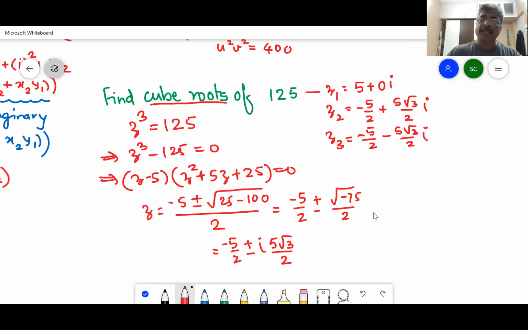These are the 3 cube roots of 125. If we cube any one of them, we will get 125 back.